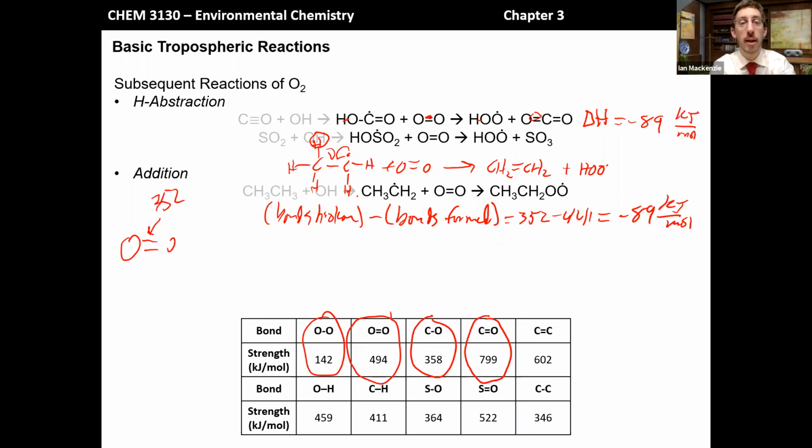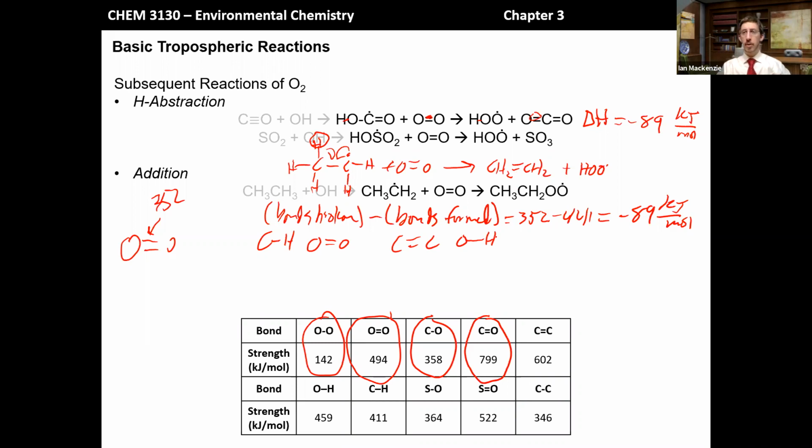So here, in terms of bonds broken, there's a CH bond broken, and then also I'm breaking the oxygen-oxygen double bond just like I did before. And then on the product side, it looks like I'm forming a carbon-carbon double bond, but I'm really only forming one of the two bonds. The single bond was already there. I'm just forming that second one. And then I'm also forming an OH bond.